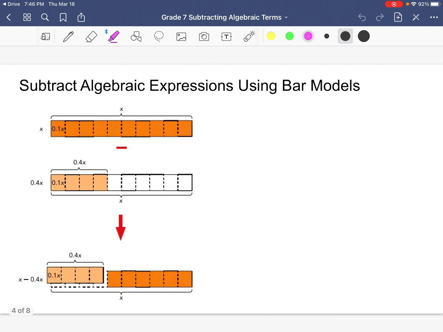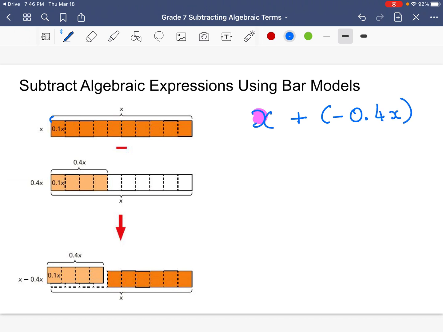So we can represent subtraction using bar models. Here we are representing x plus negative 0.4x with these bar models.